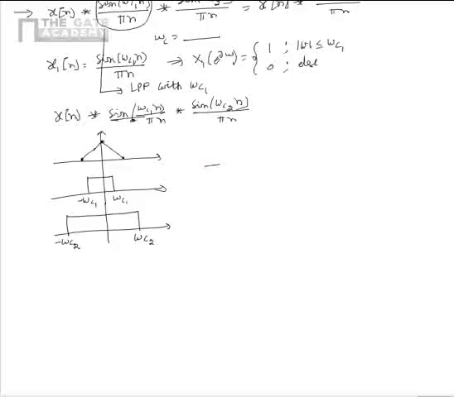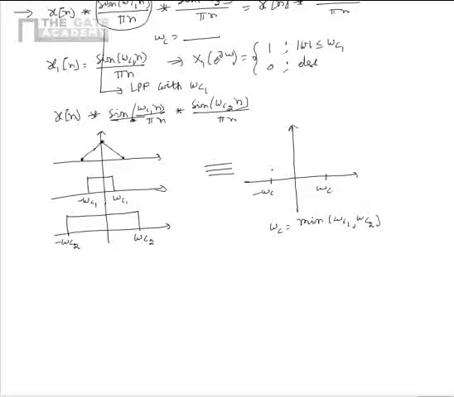So after doing this multiplication in frequency domain, the resultant signal we get is in the range of minus omega c and plus omega c, where omega c is equal to minimum of omega c1 comma omega c2.